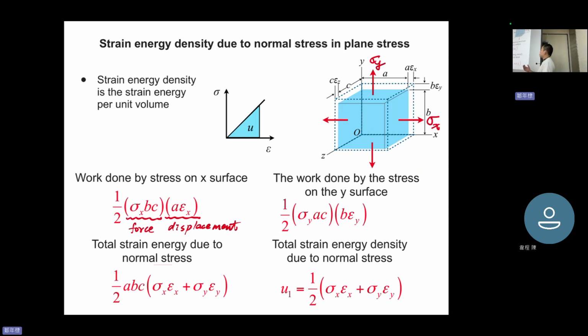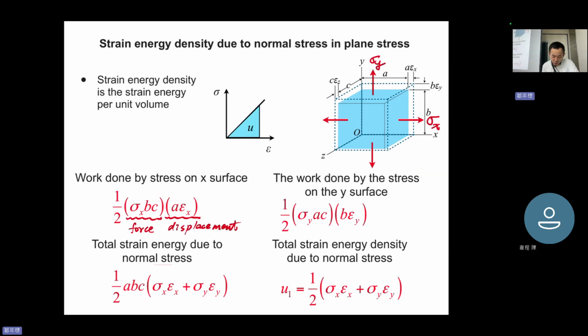And of course, force times displacement multiplied by one half, because it's a triangle, the triangle area. All right? And then you need to divide by the total unit volume, right?